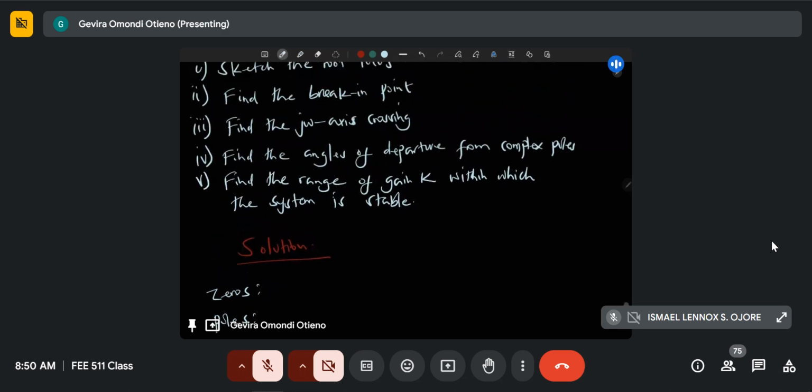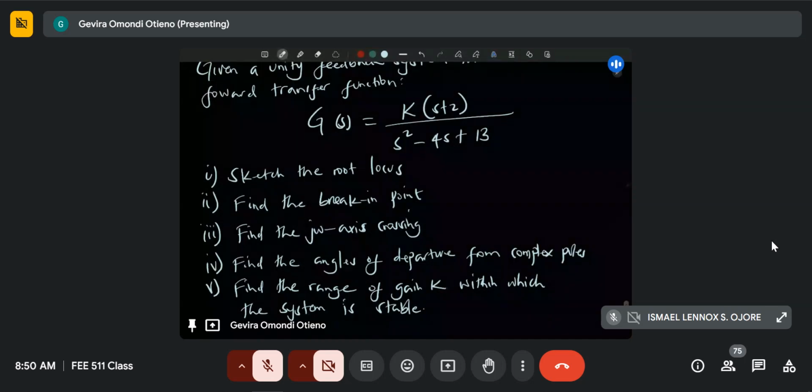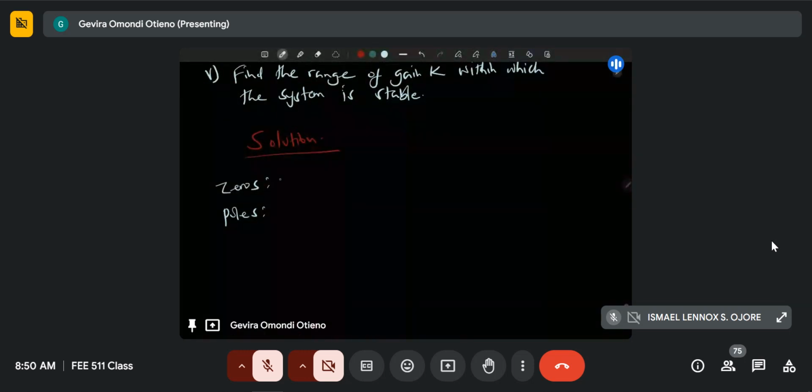You can see from our equation that we have one finite zero at -2. So we have one finite zero, and that finite zero is at -2.